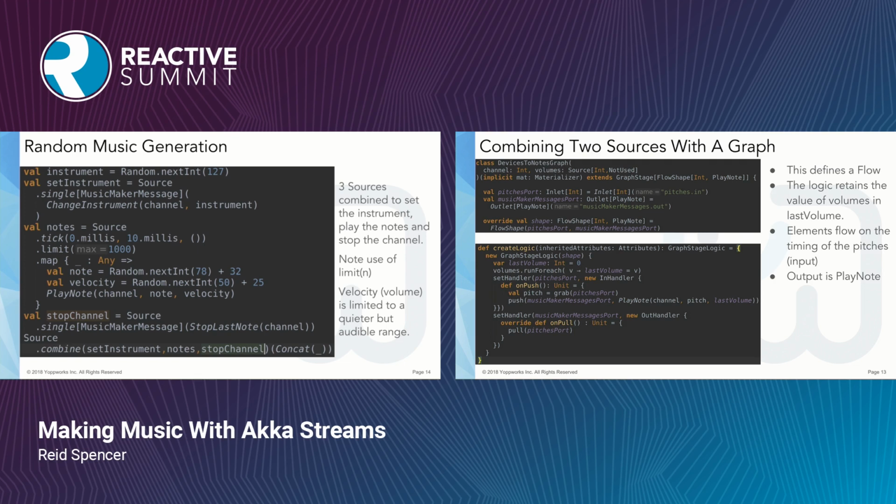So I'm creating 3 sources here. I select the instrument to play the random notes on, and just assign that to the value instrument. And then I create a source from a single thing, which is the change instrument message. So I say source.single, music maker message is the type, the element that goes in is the change instrument element.